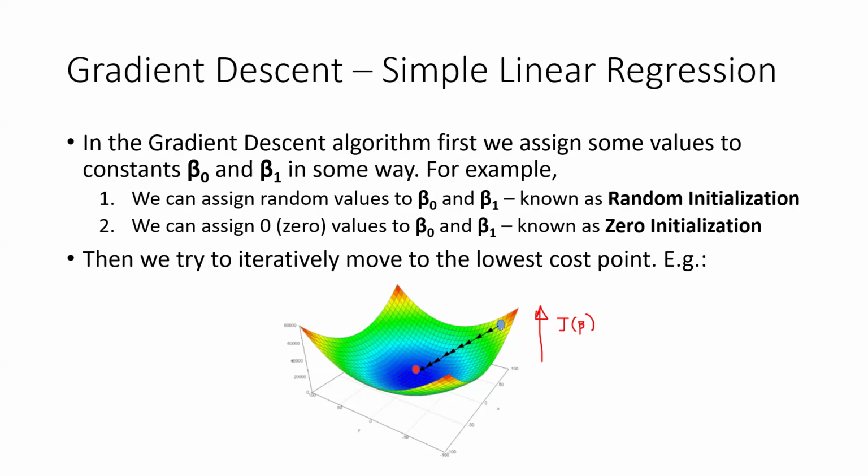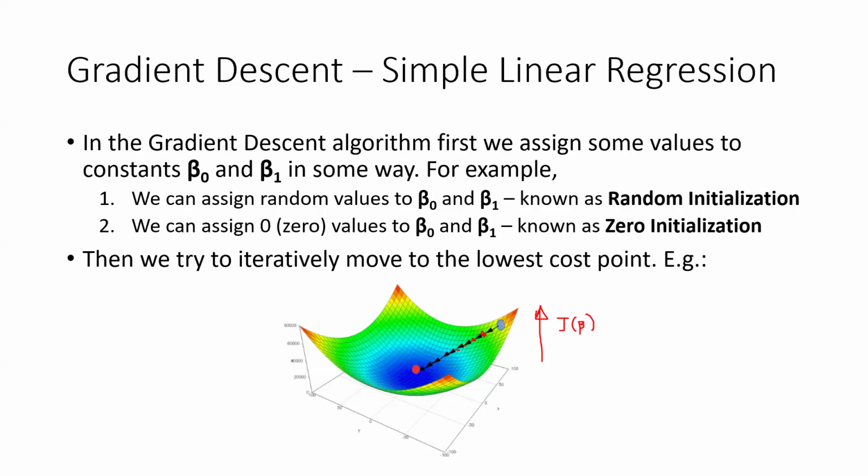So we can start somewhere and move to another point where J beta is lower, and then in the next iteration we make another small change for beta 0 and beta 1, and move to another point and another point until we reach the optimum point, right? The idea is we want to minimize J beta. Once we reach the final value, we take the beta 0 and beta 1 values and say, okay, these are the optimum values for beta 0 and beta 1, right?